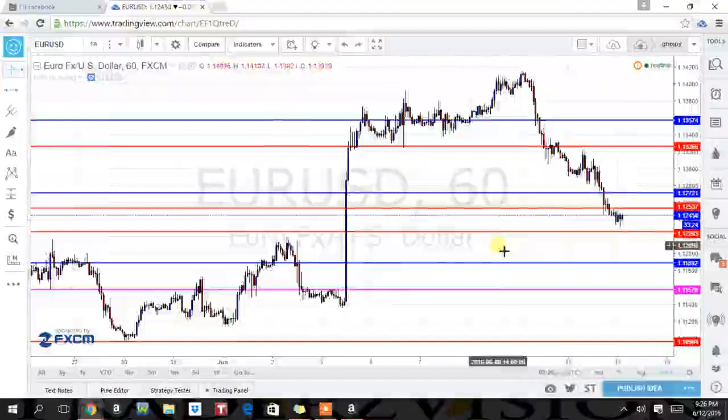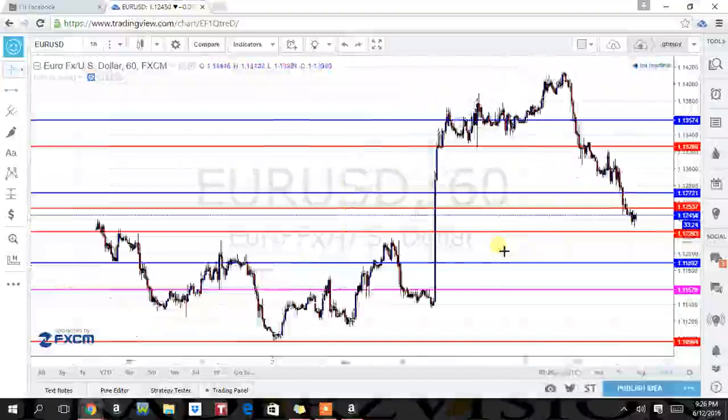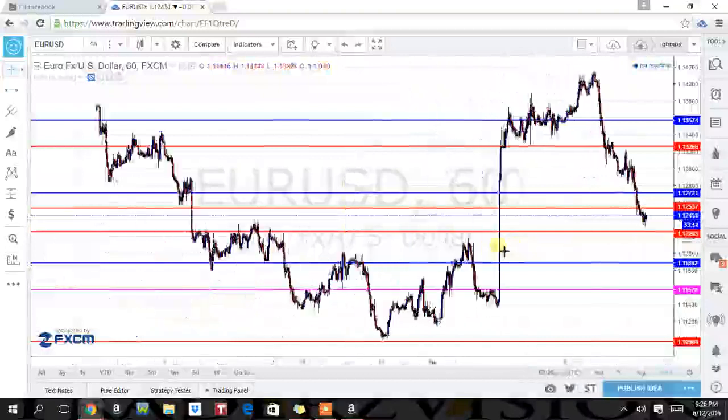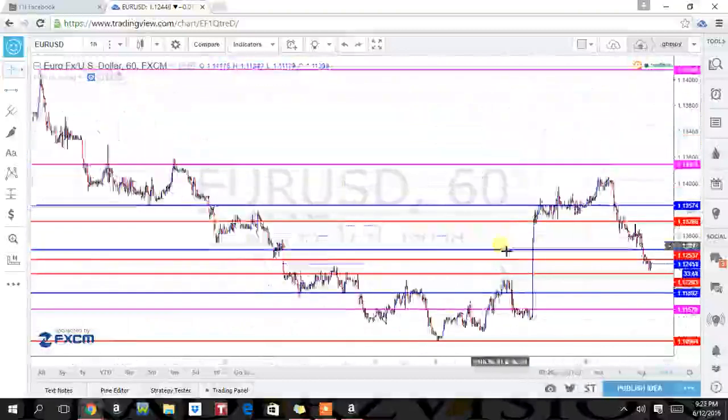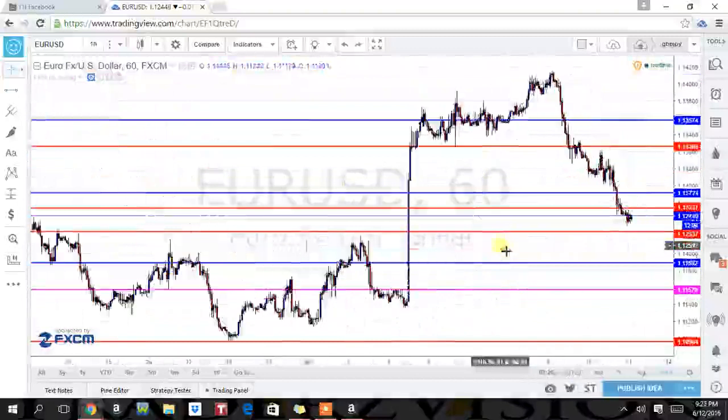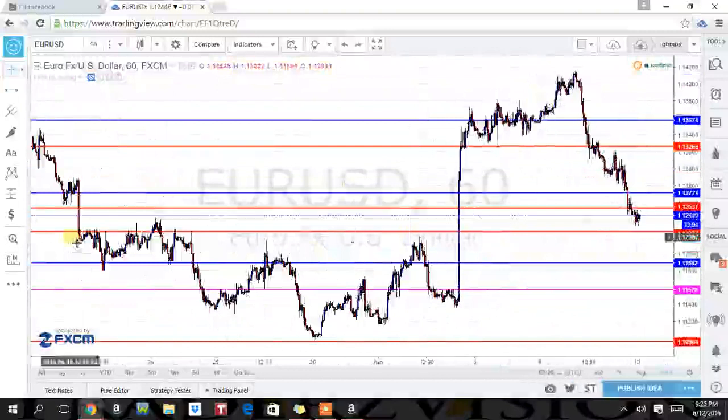So everybody got the basic concept of how to mark up support resistance. See how well I drew everything.